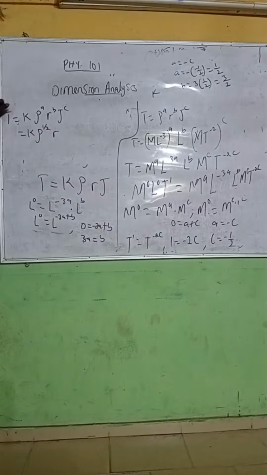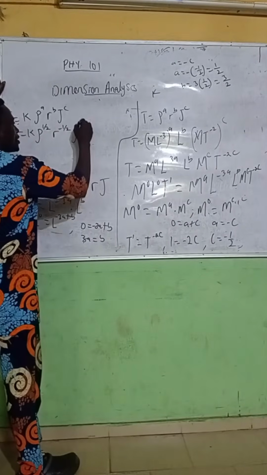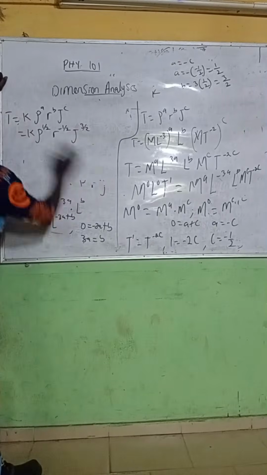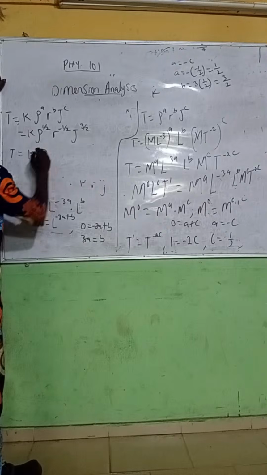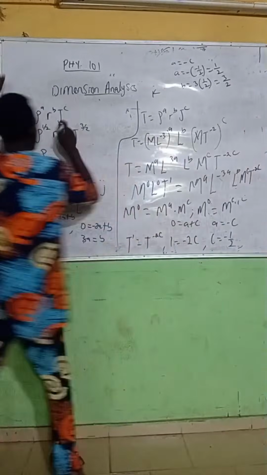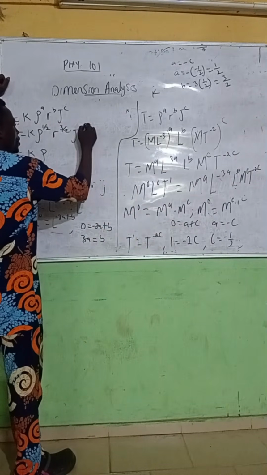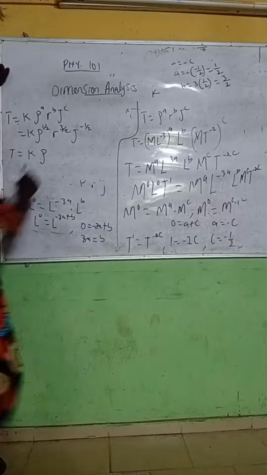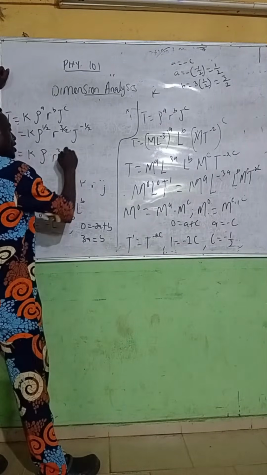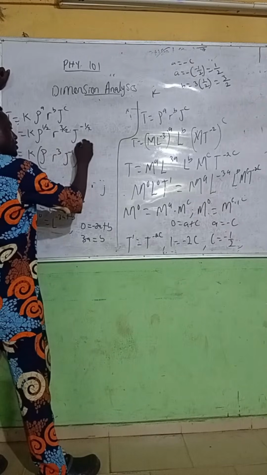R, what's B? B is 3 over 2. C is minus 1 over 2. What's common to the power? 1 over 2. So here you have R cubed, minus 1.